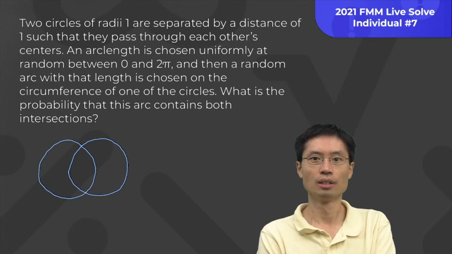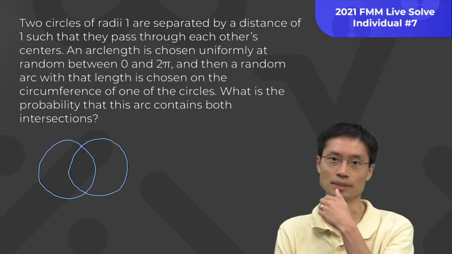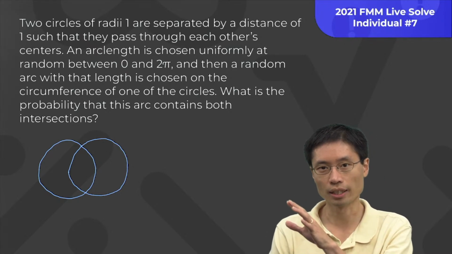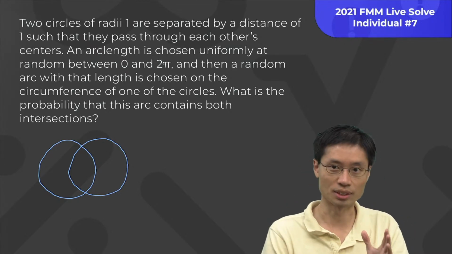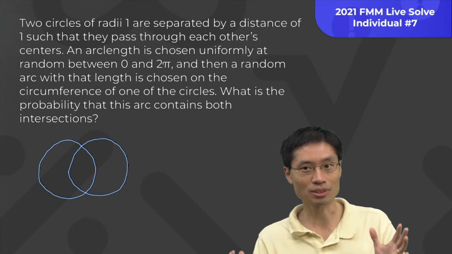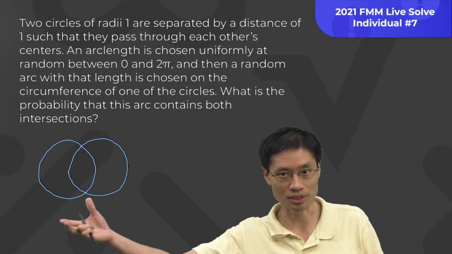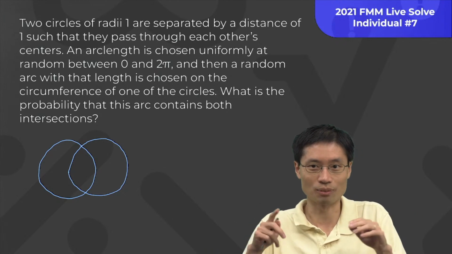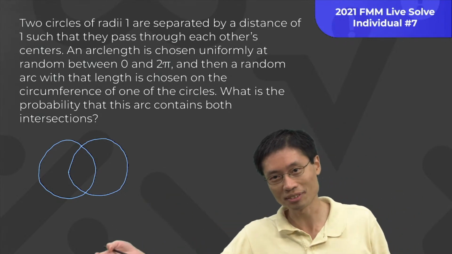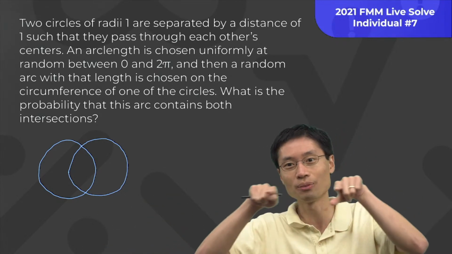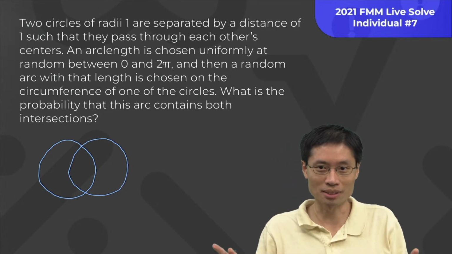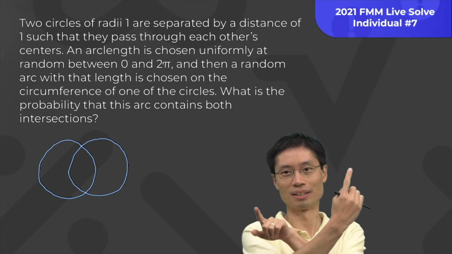All right. So when I'm looking at this, you choose the arc length randomly on one of the circles. But by symmetry, I can just assume you pick it on the left circle. Because at the beginning, we can flip a coin, either pick it on the left circle or the right circle. No matter which way your coin goes, the problem is the same because I could just take a mirror and reflect it.